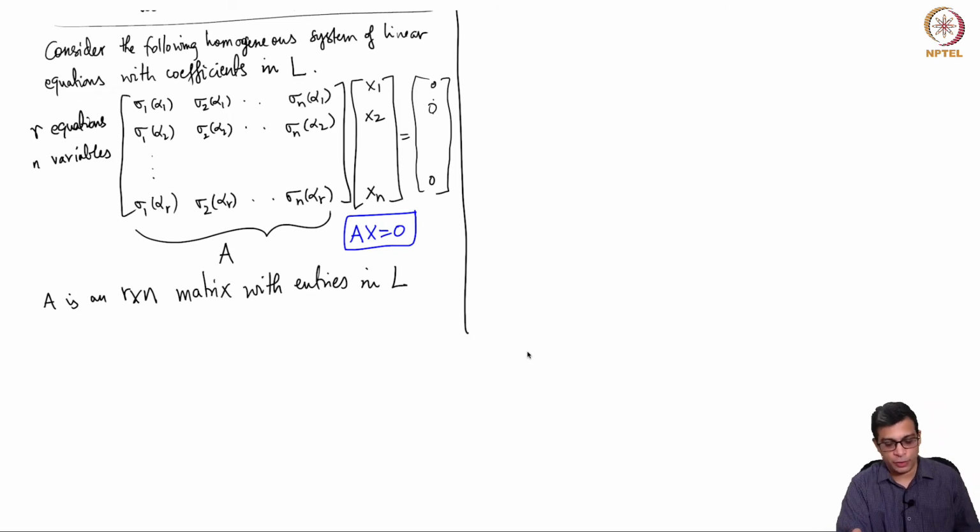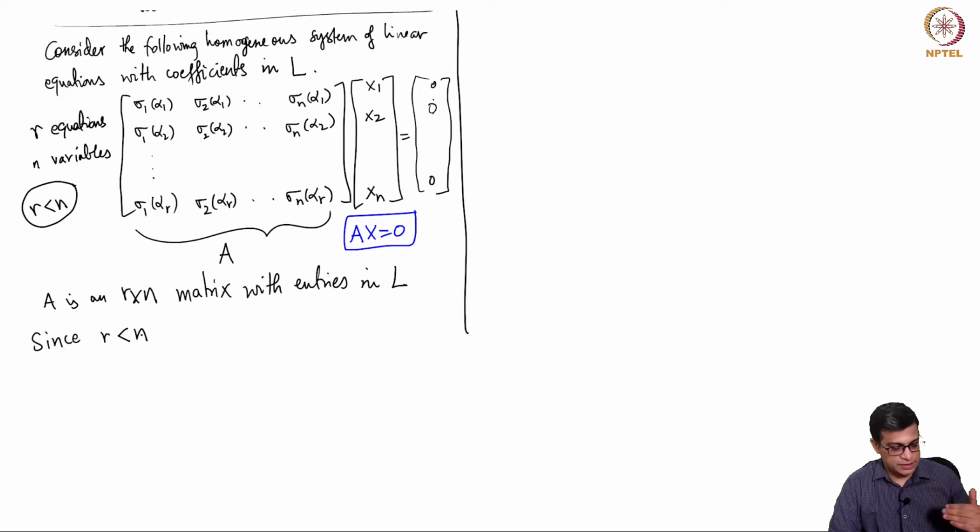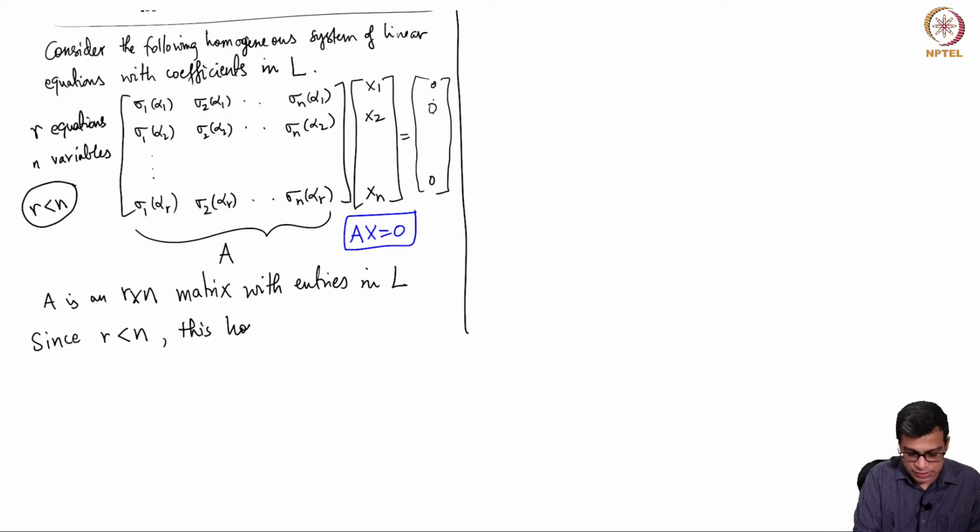So now you know from your linear algebra that you learned long time ago that every time you have fewer equations than variables, there is always a non-trivial solution for this homogeneous system of equations. Since r is less than n, namely since the number of equations is less than the number of variables, this homogeneous system has a non-trivial solution.